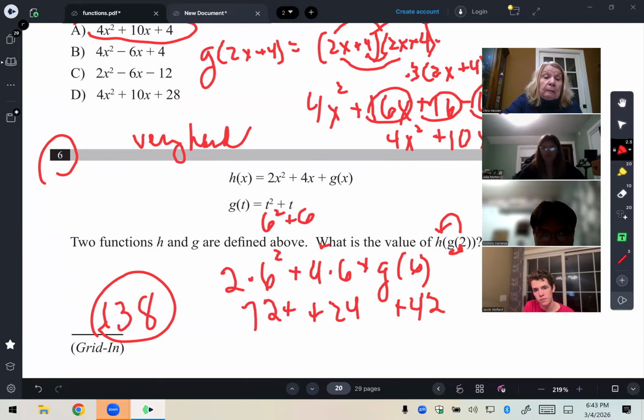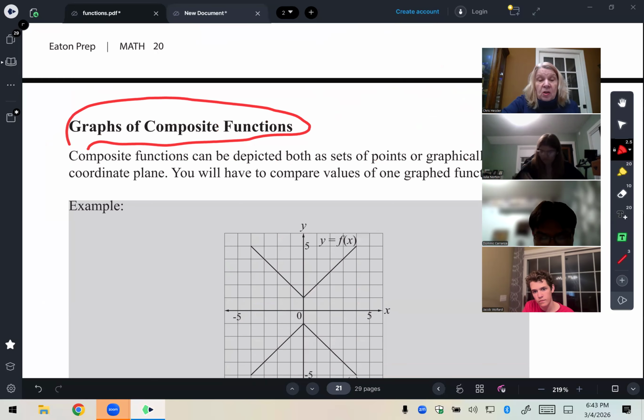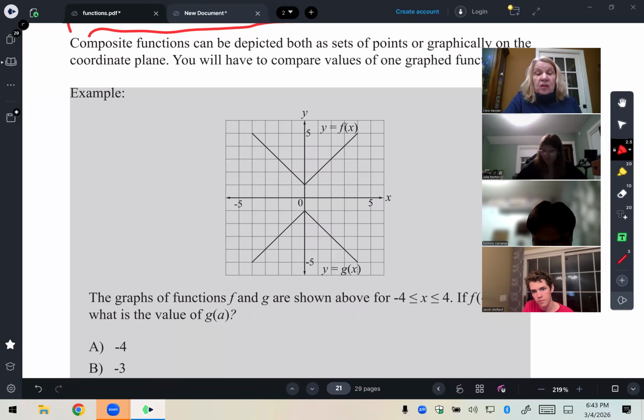So let's go on. Graphs of composite functions. So this one's not so bad. The graphs of the functions, f is up here, g is down here, between -4 and 4. If f of a -2 is a, so f of a -2 is going to be 3, right?